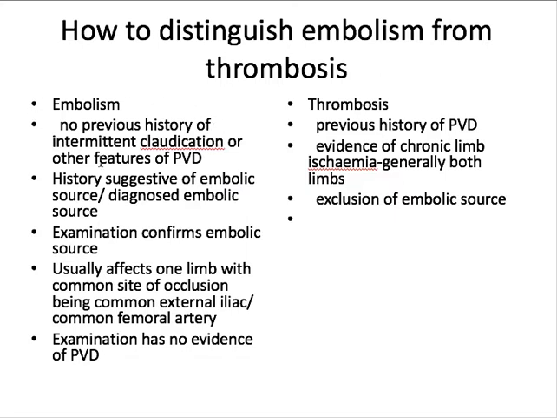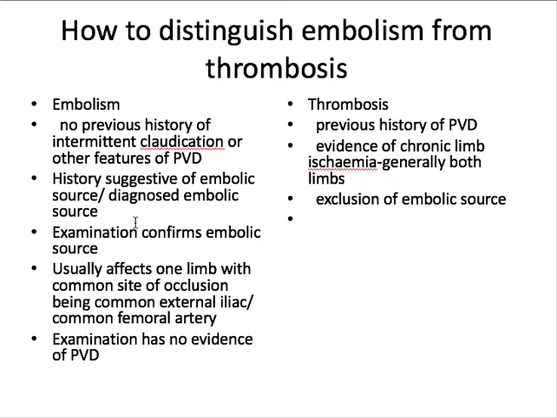But with embolism, the leg vessels are okay, the fault is somewhere else, and from a thrombus there, a part gets embolized, and all of a sudden the leg ischemia starts. There's no previous history of chronic leg ischemia in a case of embolism. So if the previous history of chronic leg ischemia is there, it is more likely to be a thrombosis than an embolism. So this history is important.